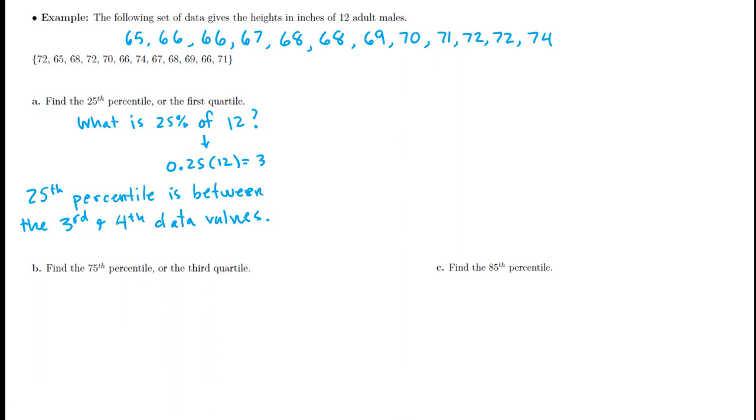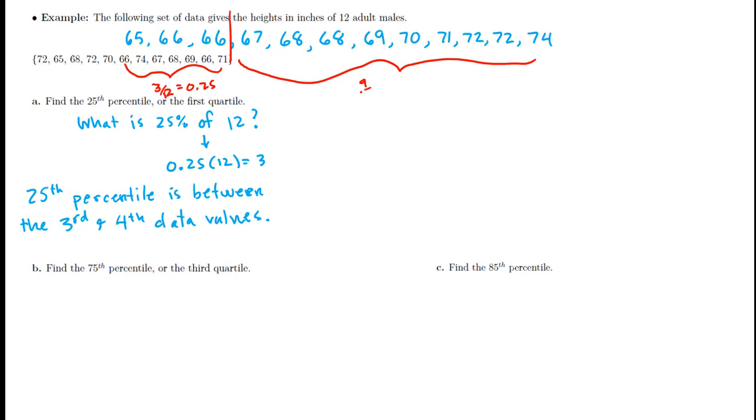If you're in the 25th percentile, we just explained how that should mean that 25% of the data is below you. And in fact, I can see right here that that is true, right? 3 out of 12 is equal to 25%. But then that should also mean that no more than 75% is above you.